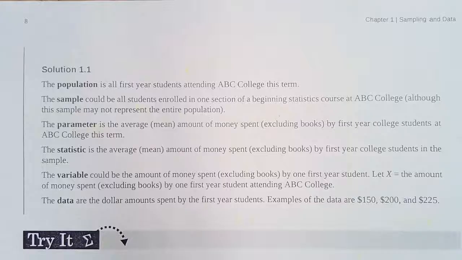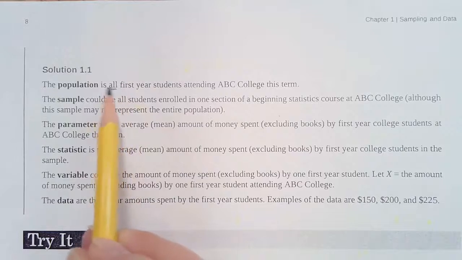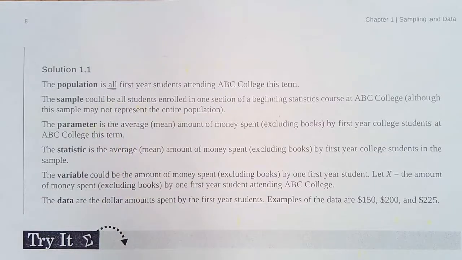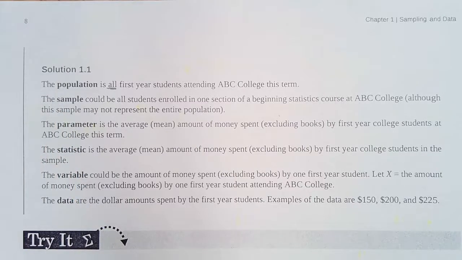All right, so let's take one more summary on this. This is on page 8. The population is all, that's the key, all first-year students attending ABC College this term. The sample is those 100 students that were sampled. The parameter is the average amount of money spent, but it's for all first-year college students at ABC College.